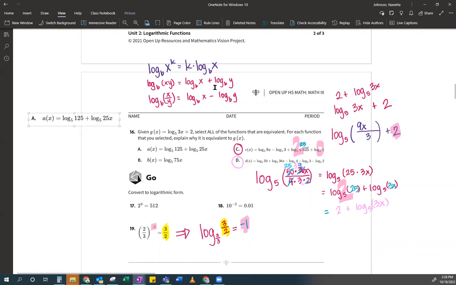That means if the logs are being added, then I can condense them by writing a single log base 5, and these two arguments are going to be multiplied. So 125 times 25x.